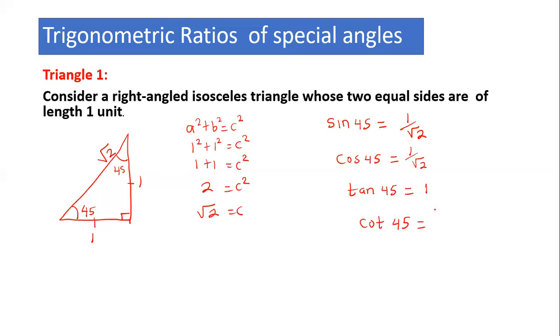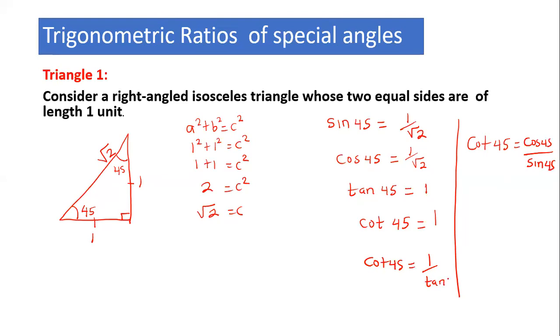Okay. 1, 1. Kathy is saying, I'm lost. How did you get cot 45? Kathy, we know very well that cot 45 is the same as cos 45 out of sine 45. Or cot 45 is the same as the reciprocal, 1 out of tan 45.